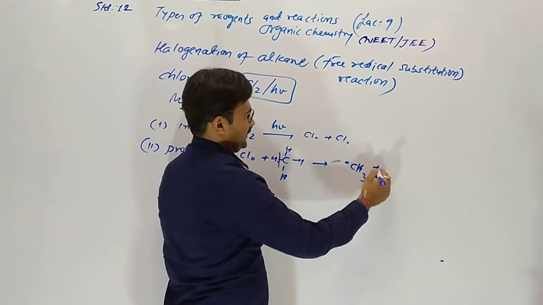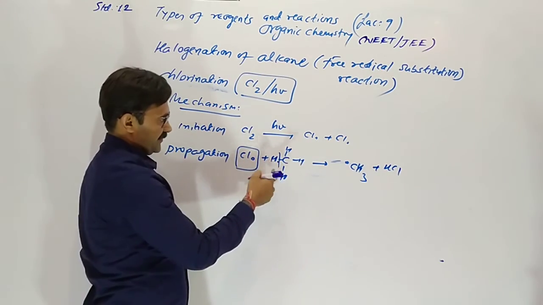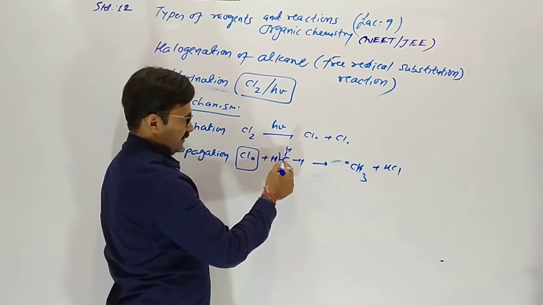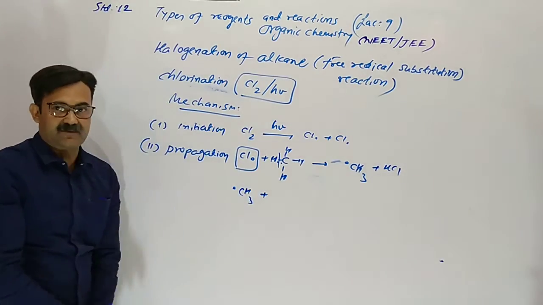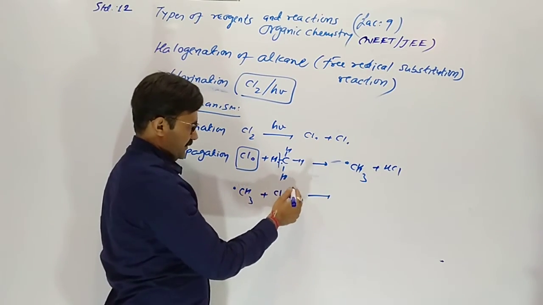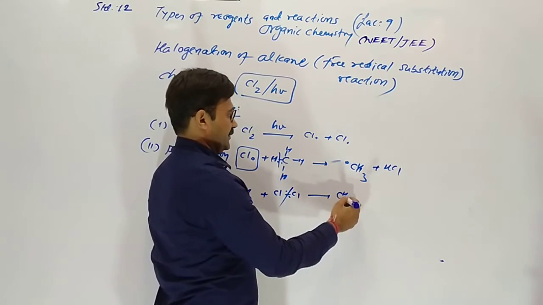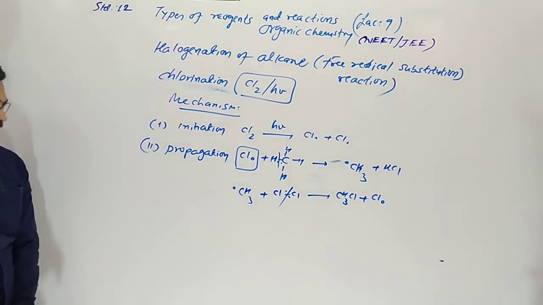This methyl free radical now combines with chlorine, so the bond breaks and gives chloromethane and a new chlorine free radical.